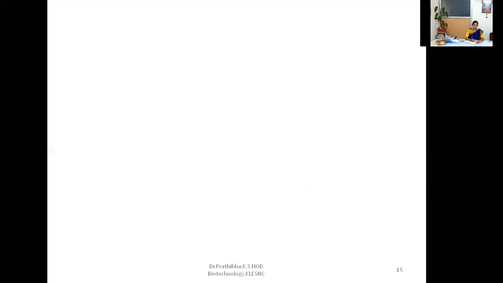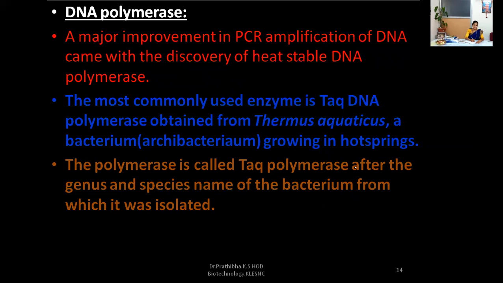Now let us understand in detail about the DNA polymerase. A major improvement in PCR amplification of DNA came with the discovery of heat-stable DNA polymerase. Heat-stable means this particular DNA polymerase can withstand high temperature.